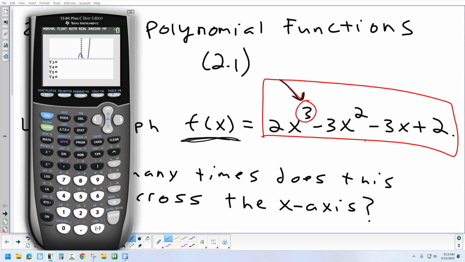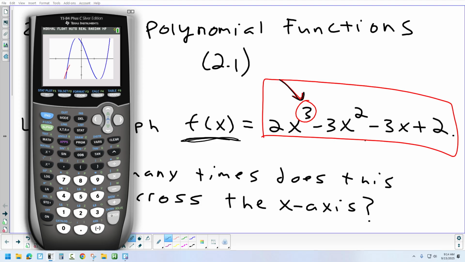But when I hit graph, how many times does the red one cross the x-axis? We can zoom in a little bit so it's easier to see. How many times does it look like the red graph crosses the x-axis? That one's 3.